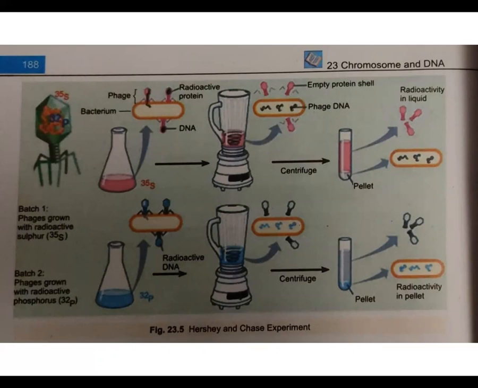So the information being transferred to the next generation in this case was definitely proved to be the DNA and not protein. So this gave another strong convincing evidence that it is actually the DNA which is the hereditary information which specifies all the activities of the cell, present in the nucleus as we know now, and not protein.